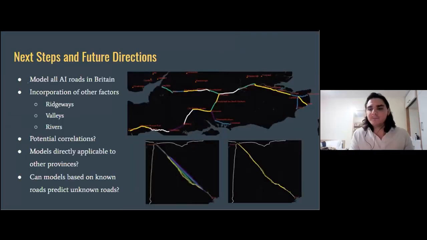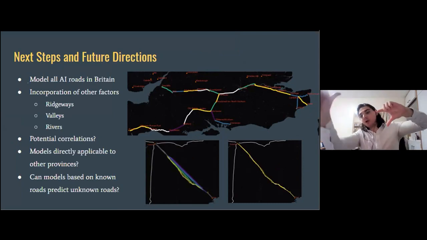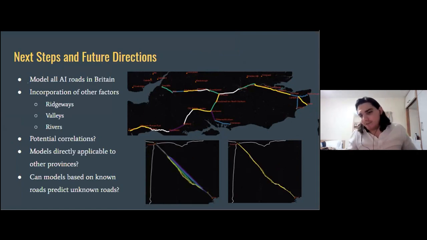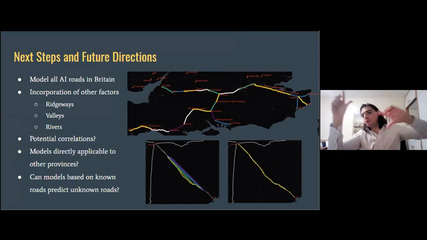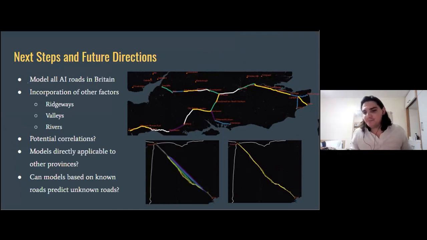Yeah, so this is one bit I'm quite interested in. Let's say I'm able to model a section here and then model a section here, and there's a middle bit where we don't know. By a good inference they probably decided on a similar rule or guideline for that middle section. So there's definitely work that can be done there.